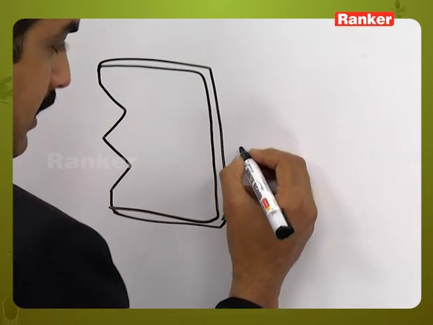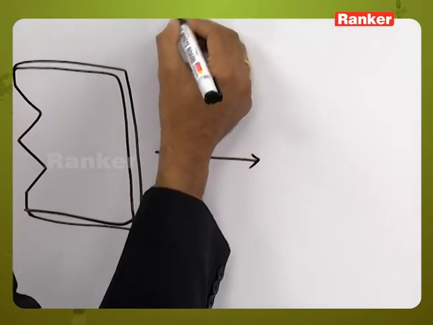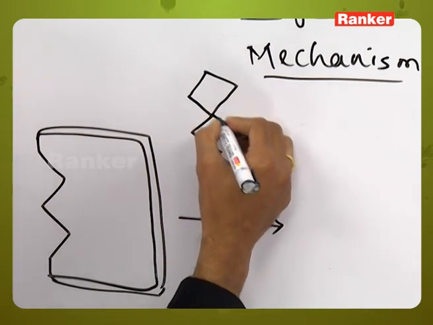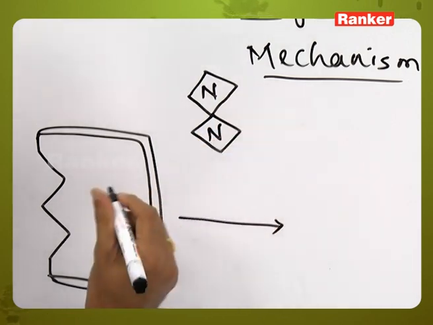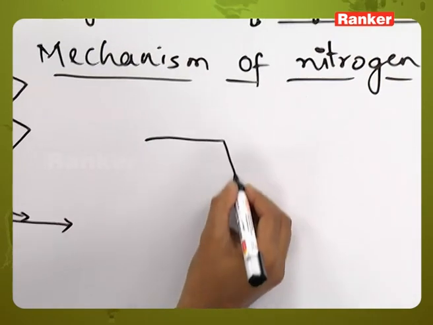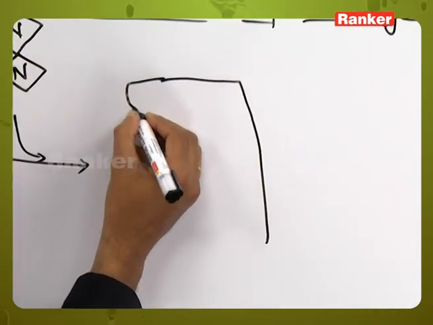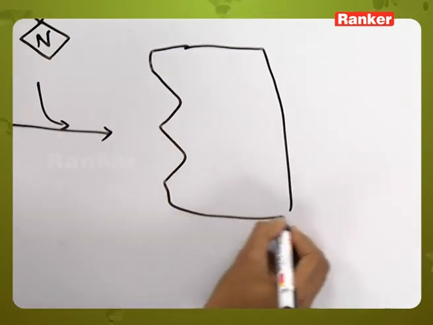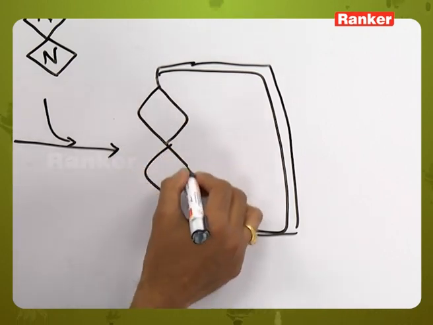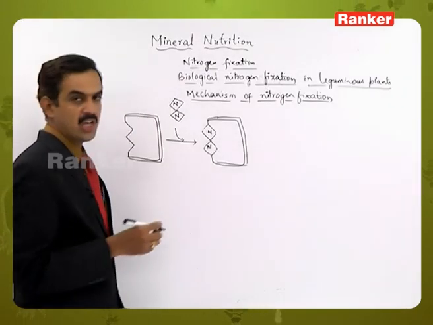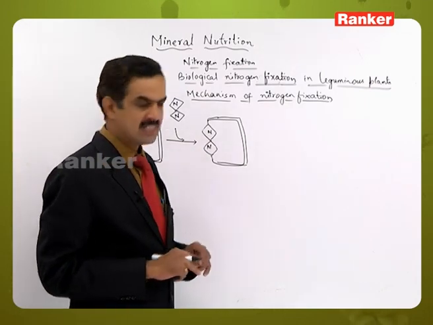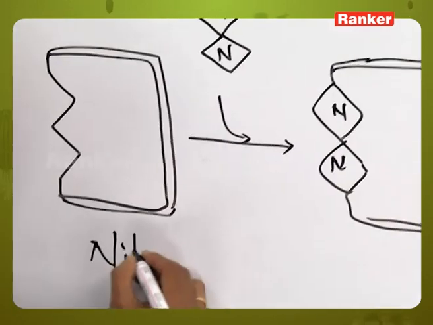And here the dinitrogen molecule will be added to this nitrogenase enzyme, so that first it will occupy the sites which are present on the enzyme. The two atoms of the atmospheric nitrogen will occupy the sites which are present on the enzyme molecule, that is dinitrogenase or nitrogenase enzyme.